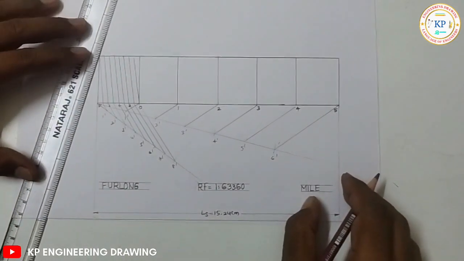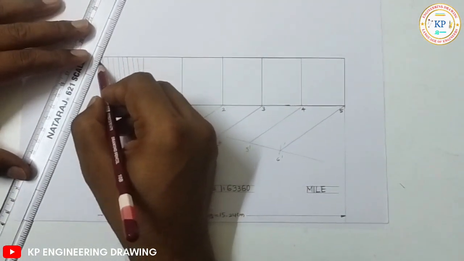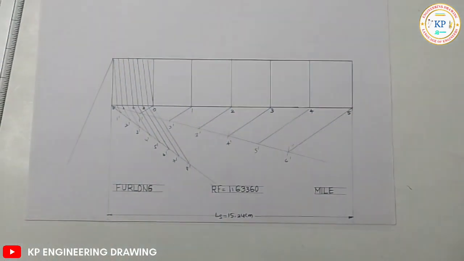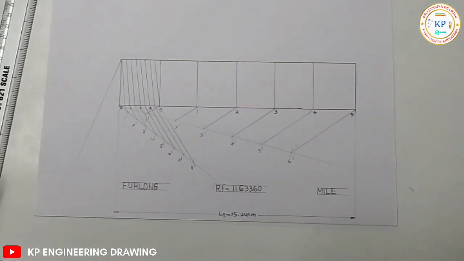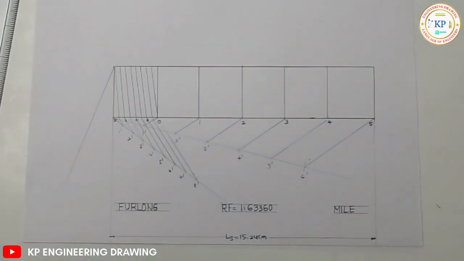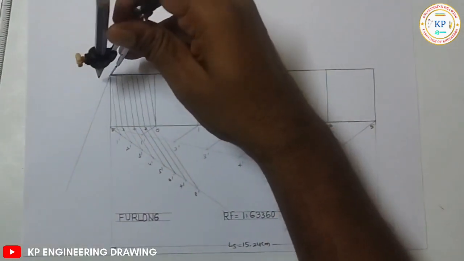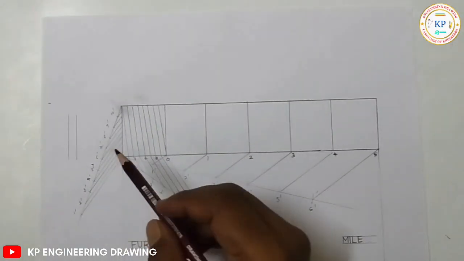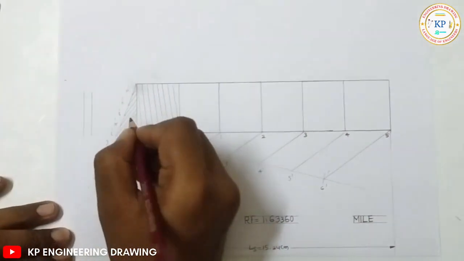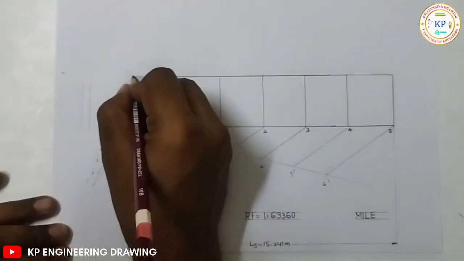Again we have to divide it further into the immediate subscale, that is chains. So 1 furlong is equal to 10 chains. So divide this into 10 number of equal parts, again by the same line divide method. We divided this into 10 equal parts and we have drawn all the equispaced lines. So this is 2, 4, 6, 8 and 10.